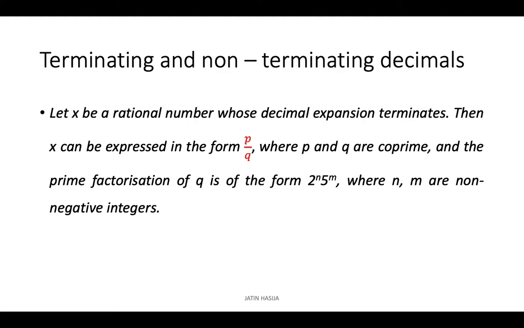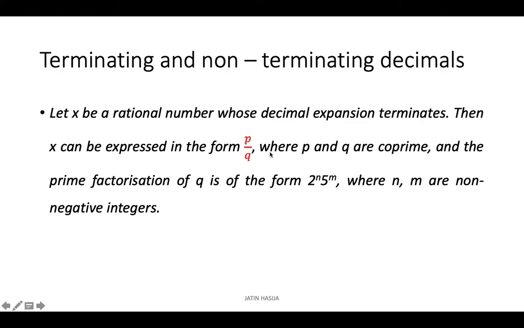Now, let us say I have taken any rational number p upon q. If by any means I can express this q in terms of 2 to the power of n and 5 to the power of m, then it will be known as a terminating decimal.